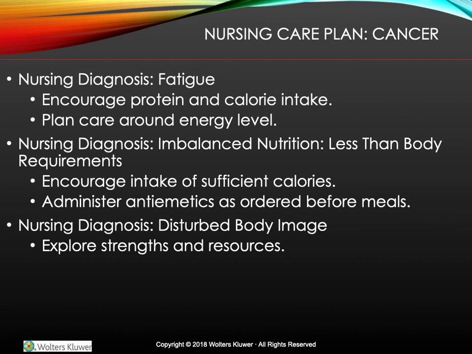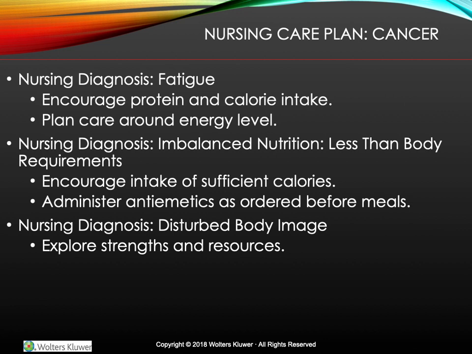So when we have that client going through their cancer or their cancer treatment, it needs to be individualized to that client. But in general, know that lots of clients experience fatigue. They also experience an imbalance in their nutrition, like we talked about earlier. Malnutrition is part of a complication with cancer or cancer treatment.